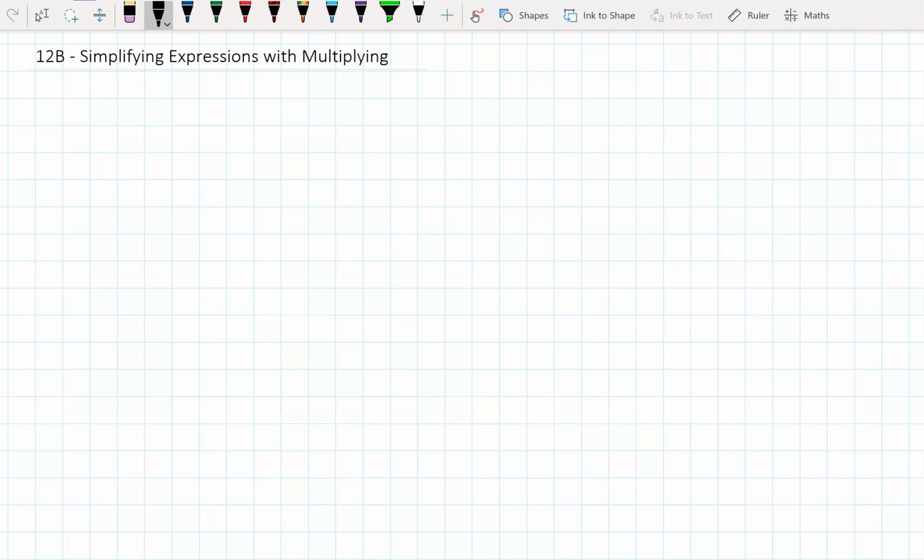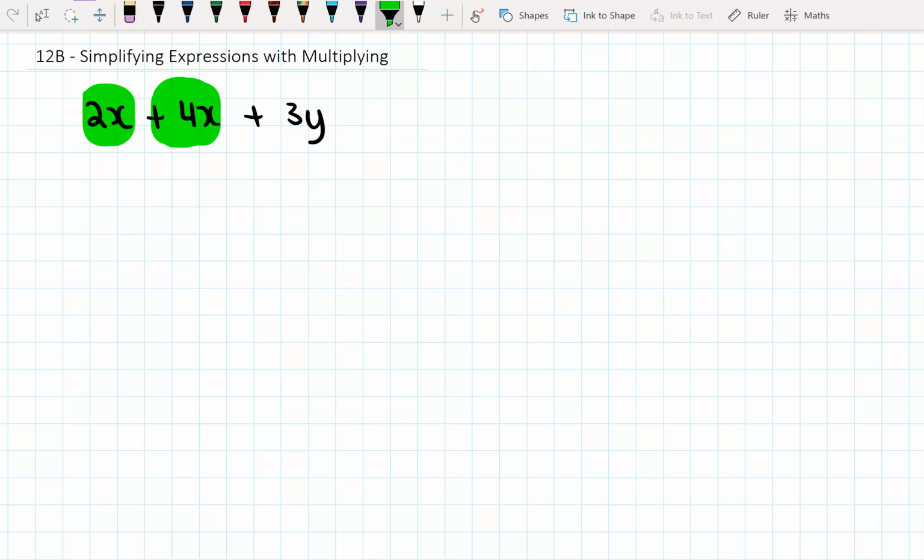Okay, so firstly, when we add expressions, for example, if we said 2x plus 4x plus 3y, you know that these need to be like terms. So you had to have like terms in order to add them. For example, 2x and 4x are like terms, and we should also include the plus there because it's a positive 4x.